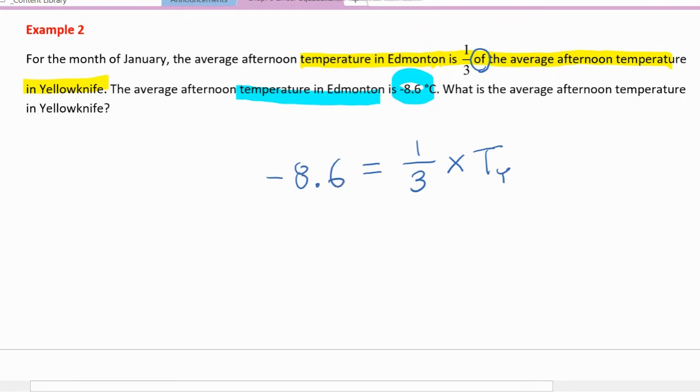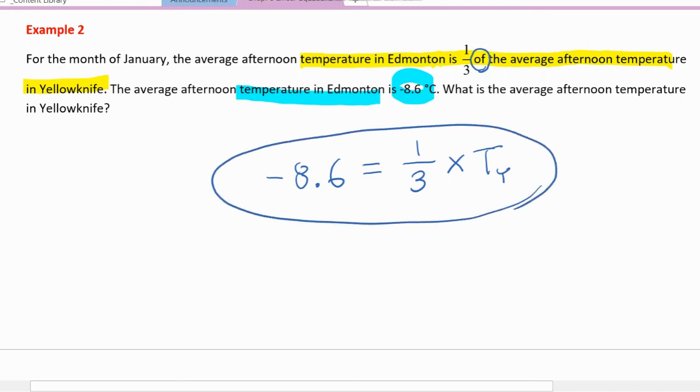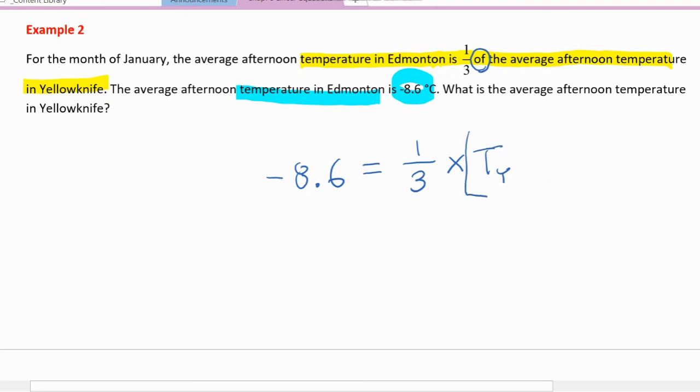Here's an equation, and we learned how to solve this equation. When you have an application problem, a word problem like this, you always need to make an equation. We want to know what TY is, what the temperature in Yellowknife is.